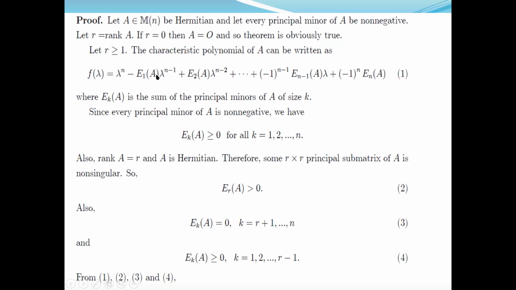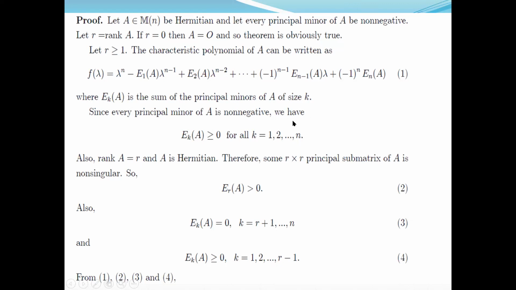So all the coefficients are non-negative here. So as discussed above, all its eigenvalues are non-negative. Why? Because A is Hermitian, all its eigenvalues are real. But the coefficients are alternately positive and negative, so none of the eigenvalues is negative. So from here we see that A is positive semi-definite.